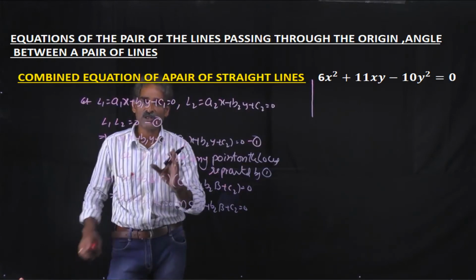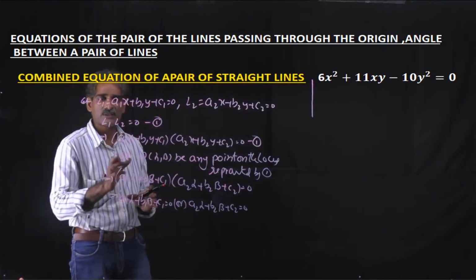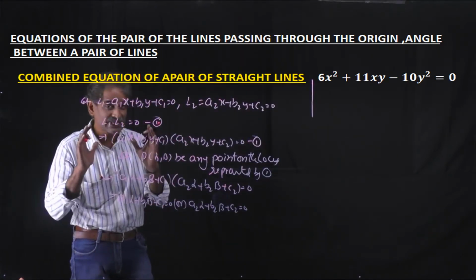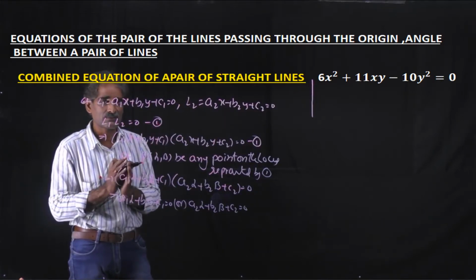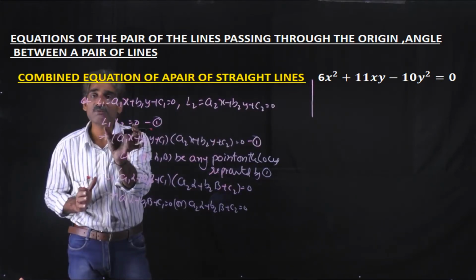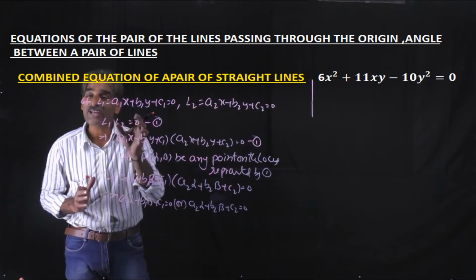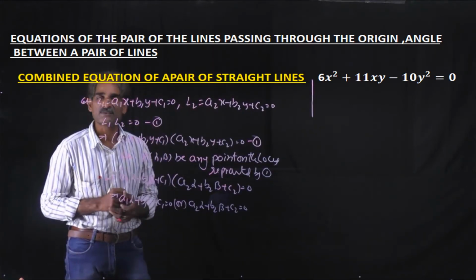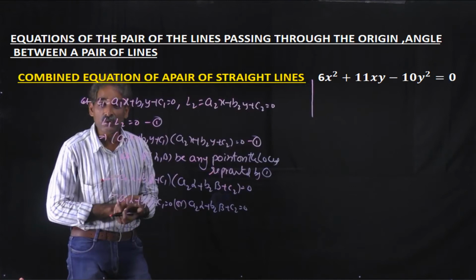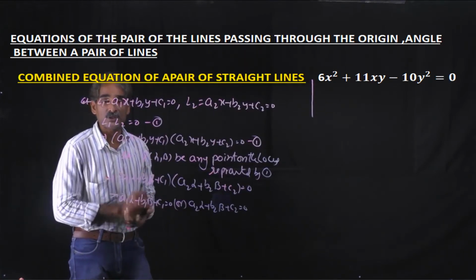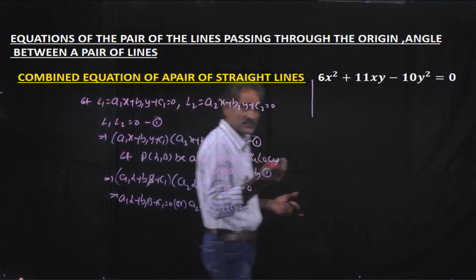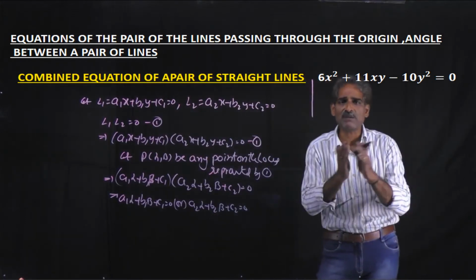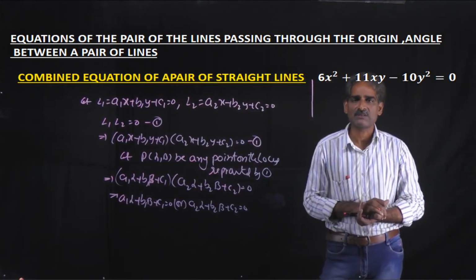Understand? L1 and L2 are separate equations of two lines, but L1 into L2 equal 0 gives the combined equation of the two lines. If you know the equations of the two lines, how can you write the combined equation? Just by multiplying both the equations.